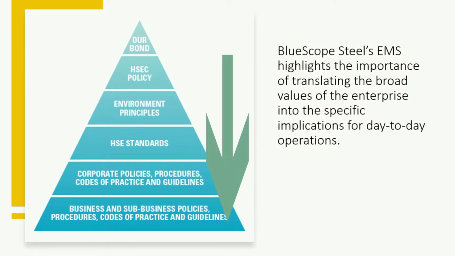It starts with its vision, policy, then outlines principles, then standards, then the corporate policies, procedures, and code of practice and guidelines, then the business and sub-business policies, procedures, codes of practice, and guidelines.